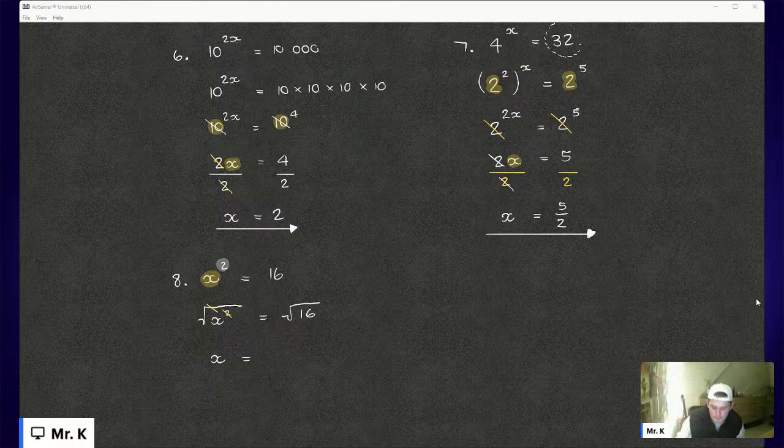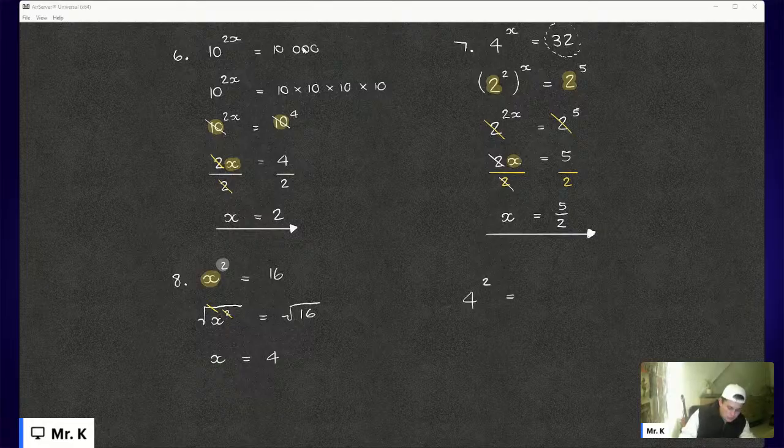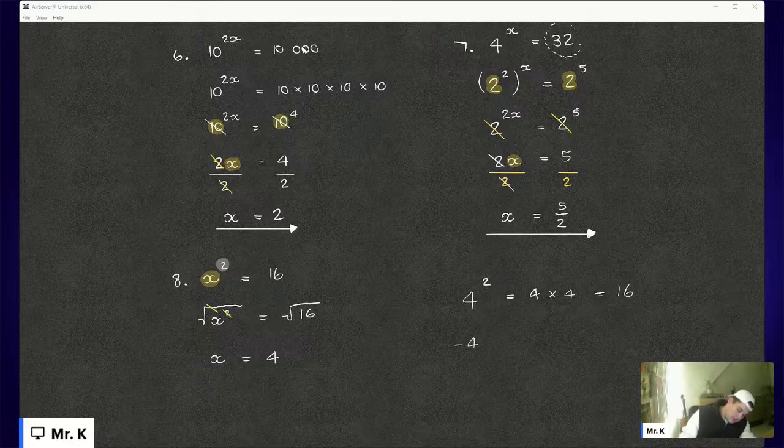Now, what is the square root of 16, grade 9s? A lot of you are just going to tell me that it's the value 4, and you've got half of the answer. Right? 4 squared definitely is equal to 4 times 4, which gives us 16. But if I square negative 4, what does that mean?